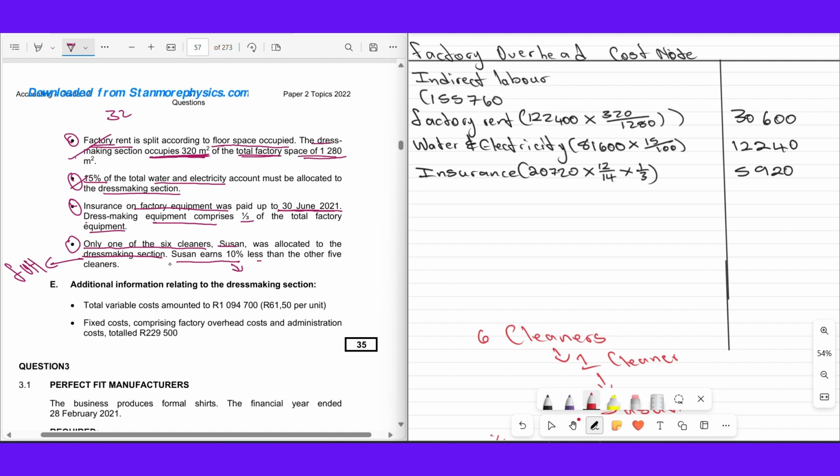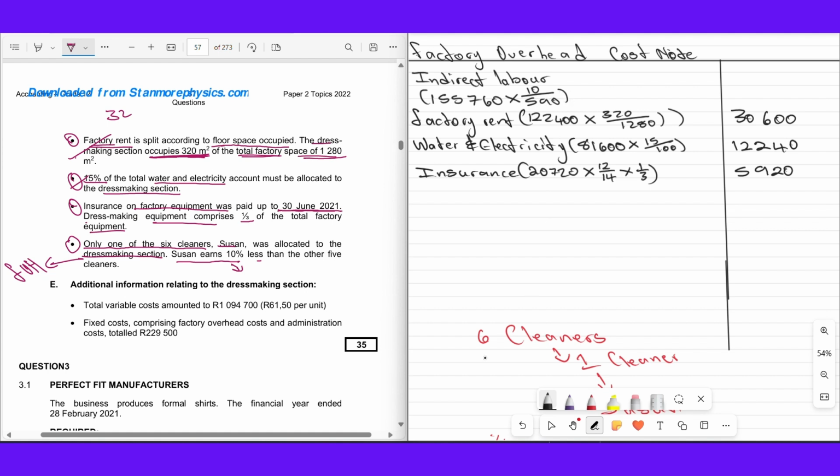Susan was allocated to the dressmaking. Dressmaking, we are referring to factory. So we are going to multiply this by 10 over 590. Unknown divided by known. We know that this 155,706 is equivalent to 590, or we will say what you want divided by what you have. You have 590, which is equivalent to this amount.